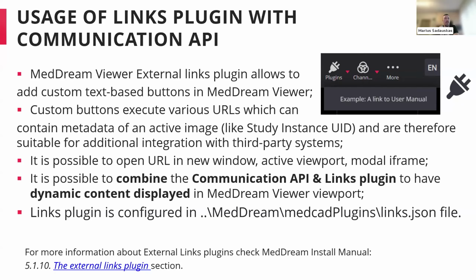For the configuration of the links plugin and documentation, you can find it in our installation manual, in the external links plugin section. The links plugin is configurable in the MedDream installation folder, in the links.json file in the medcat plugins folder.